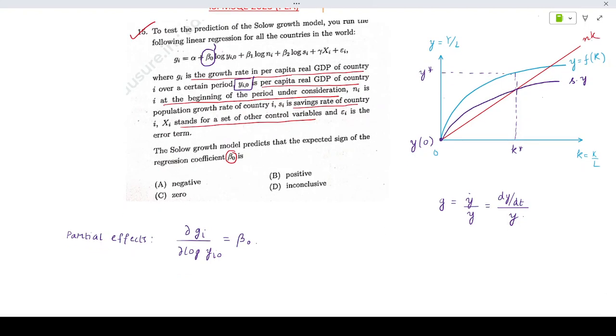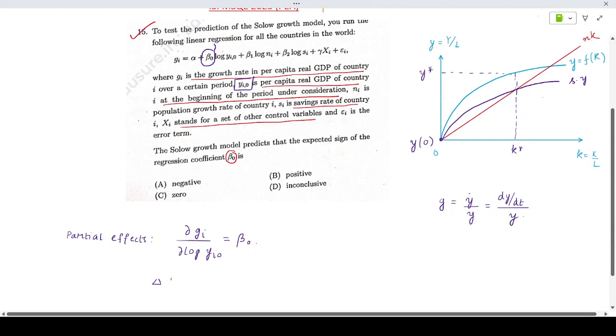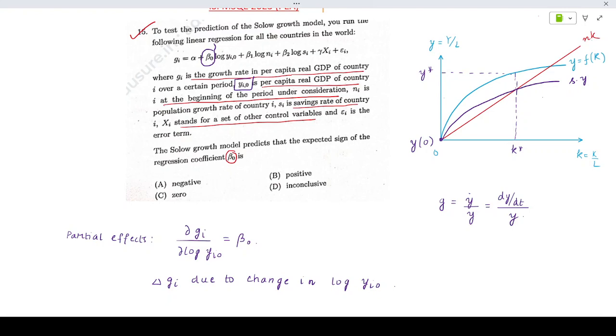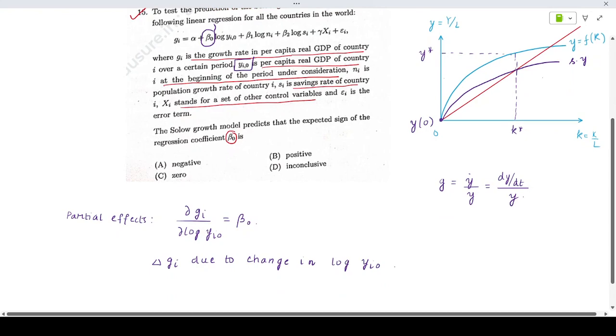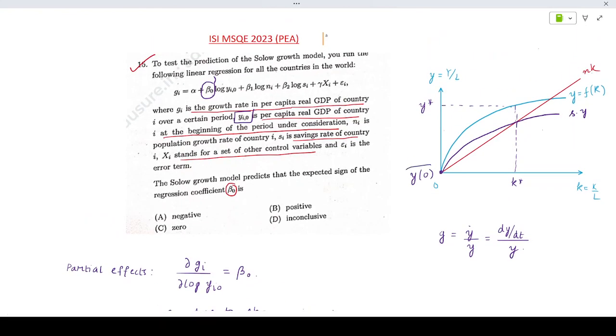That is the interpretation: the change in gi due to the change in log yi naught. Since we are starting from the initial value y naught, with respect to which we are checking the growth, we are trying to reach the steady state over here.